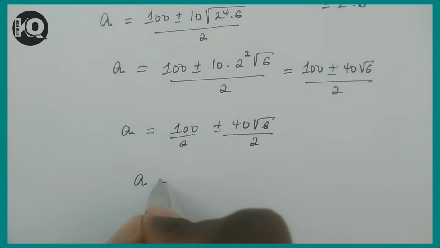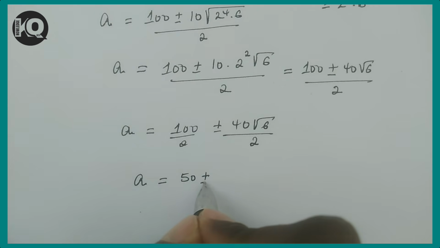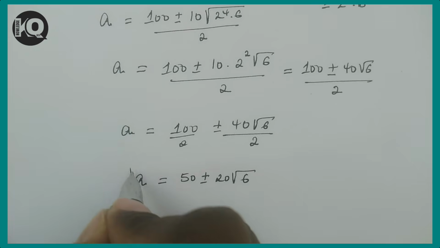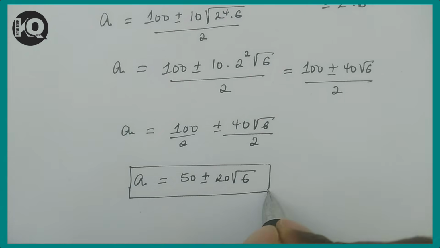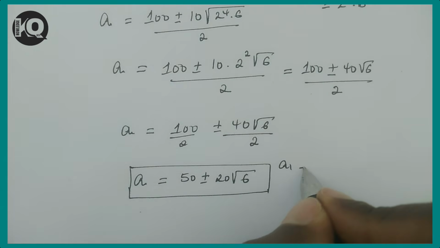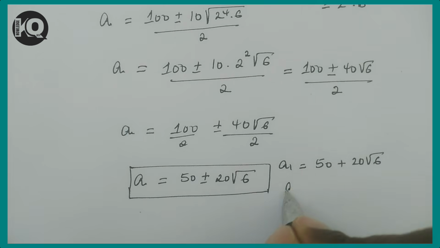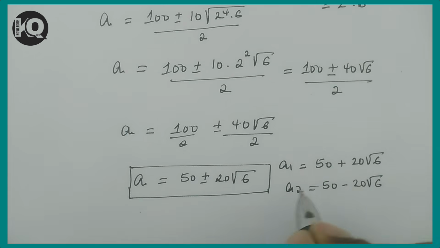Finally, a will be 50 plus or minus 20 times the square root of 6. As you have seen here, we have two values: a1 is equal to 50 plus 20 times the square root of 6, and a2 is equal to 50 minus 20 times the square root of 6.